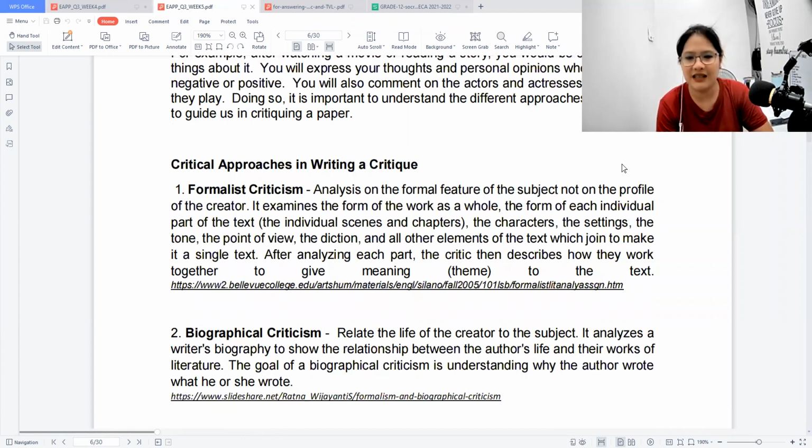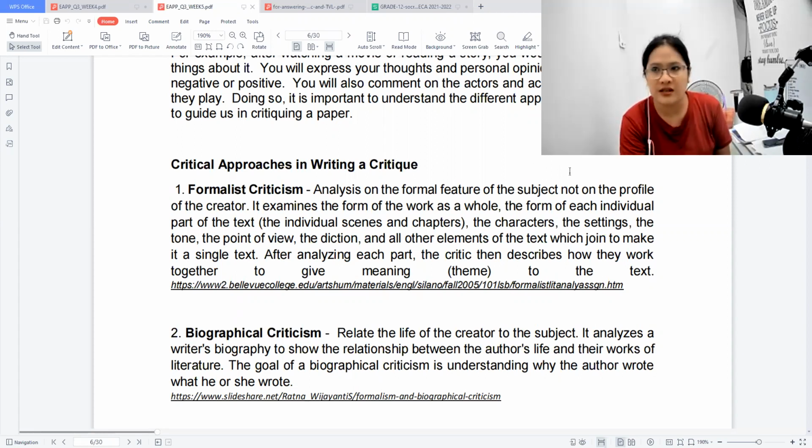So, for formalist criticism, we focus on the form. Ang ina-analyze natin kapag sa formalist criticism is yung formal features ng text. Hindi mo tinitignan yung profile, yung history, yung personality, yung biography ng author or ng creator, pero nag-focus ka lang dun sa text.